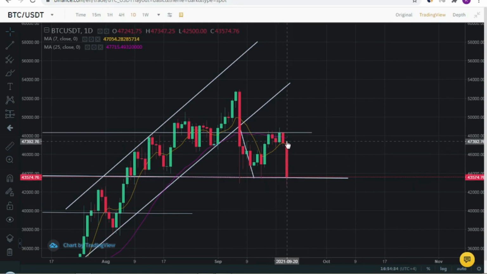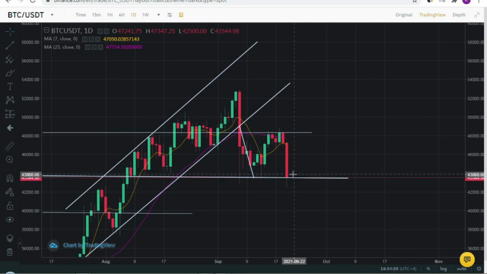Some people have lost a lot of money here. Some people have also gained a lot of money here, because there are some people who are shorting Bitcoin right now and they are making money. They'll keep on making money as long as Bitcoin is going down. But now that Bitcoin went up here, their stop losses must have been triggered, and they are out of the trade with a lot of money from here to here.